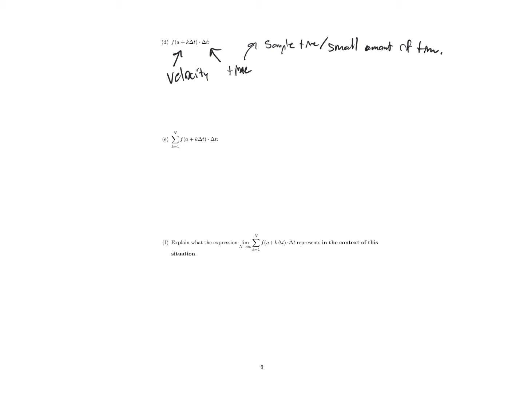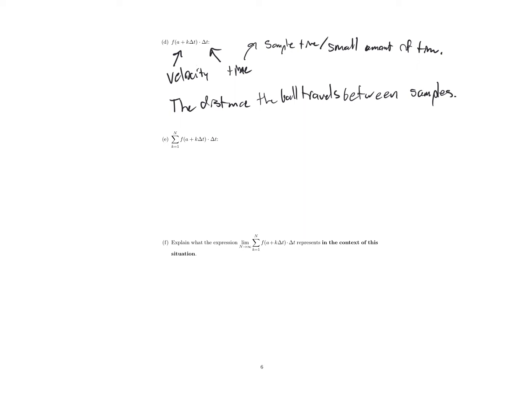What happens when you multiply velocity by time? You get distance. So what this will represent is the distance the ball travels between samples, or between points is another way to think about it.